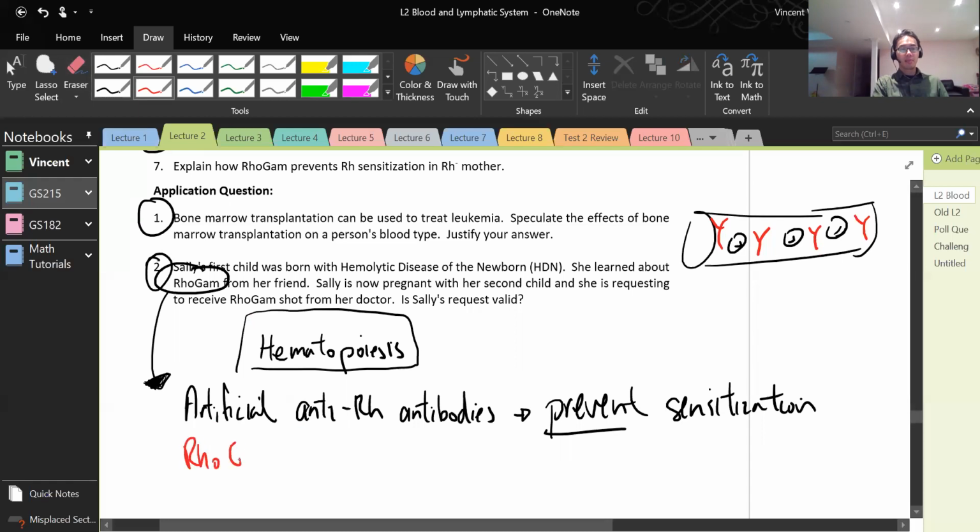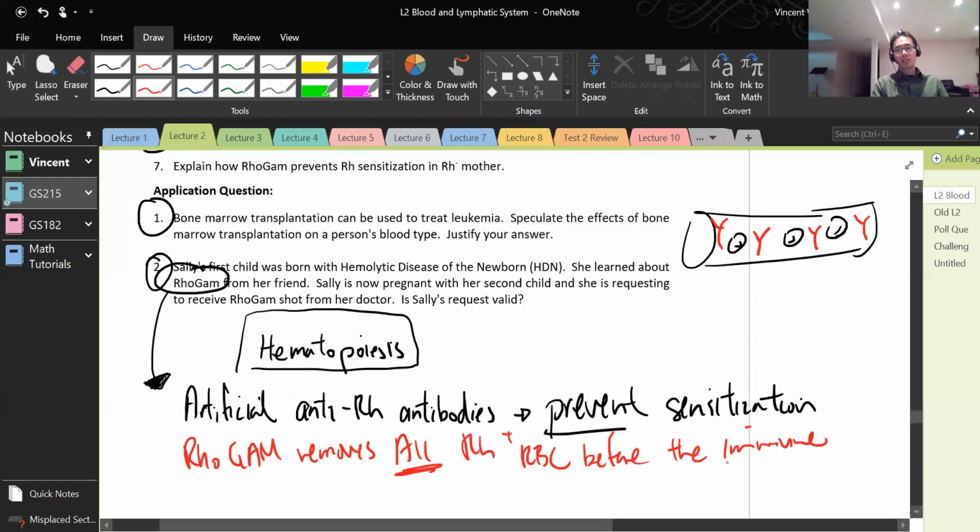So RhoGAM removes all RH positive RBC before the immune system is activated. That's how you prevent sensitization.